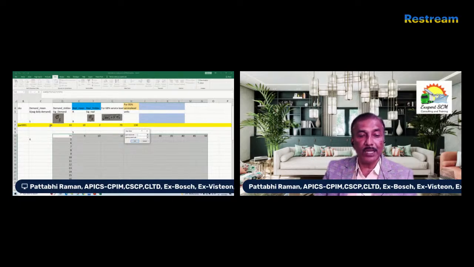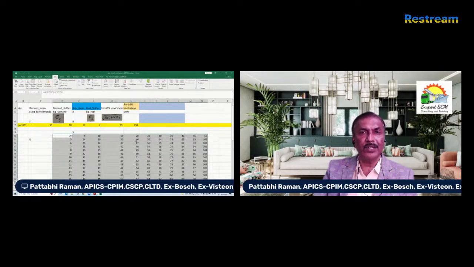So the row input cell I am going to take to this particular cell, and the column input cell I am going to take to the lead time, which we have used in the single way table. If I say OK, you can see I am going to get a safety stock number for 68% service level by varying either lead time or the demand. You will see the different quantities of safety stock required.